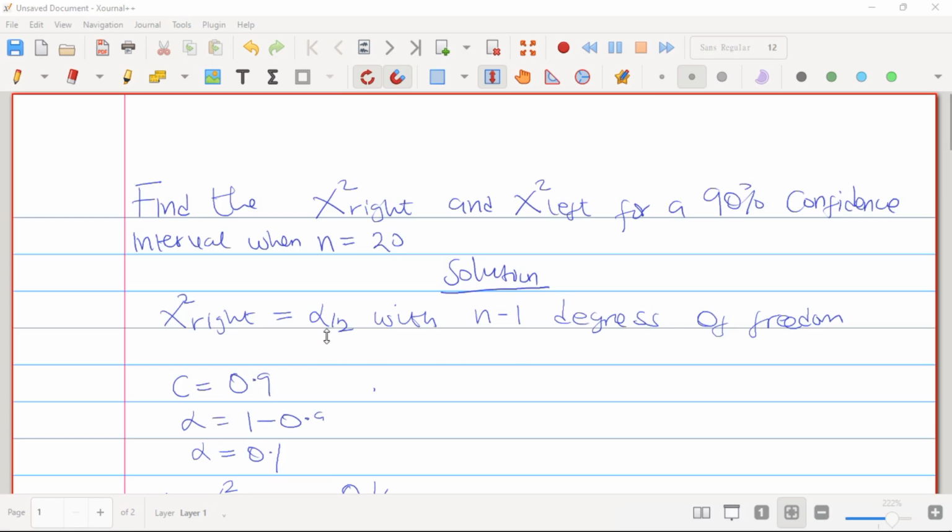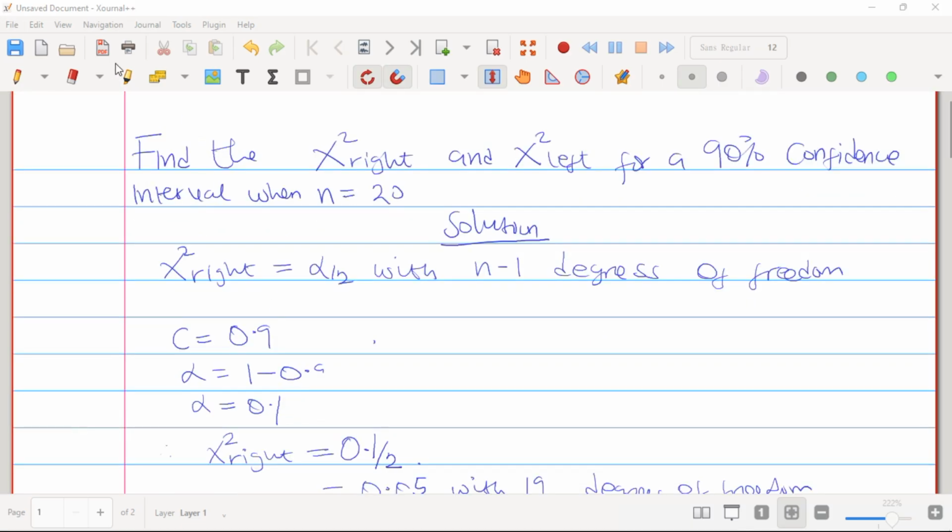How can we get our alpha? We know that alpha is equal to 1 minus our confidence level, and our confidence level here was given as 0.9 or 90%. So alpha is 1 minus 0.9. Once you subtract 0.9 from 1, you get 0.1.